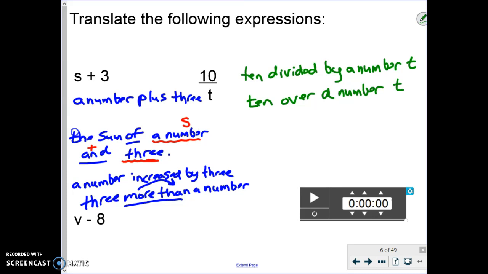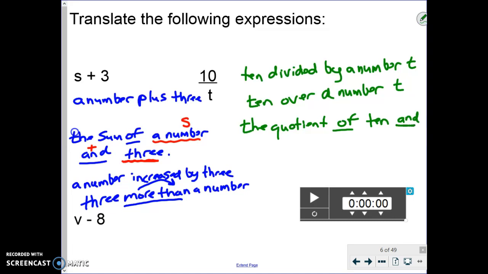And then the last one I want to do is use that word quotient. When we use the word quotient, that's another one of those special "of" and "and" phrases. So if I say the quotient of, the "of" part tells me the first thing, and in this case, it needs to be the numerator. So it needs to be 10. So the quotient of the top, which is 10, and "and" is my second keyword.